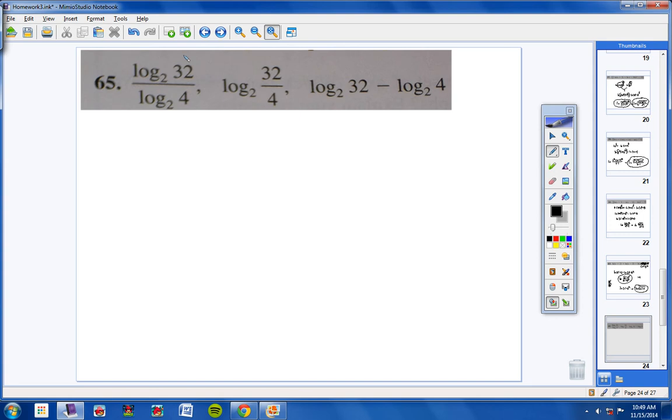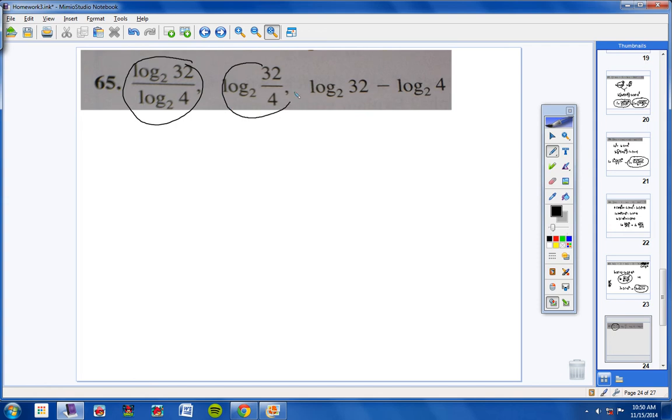Okay. The directions say to state which one of these are equal. Well, these here are not equal. Okay, nowhere have we learned that when you're taking this one here is not equal to this one here.